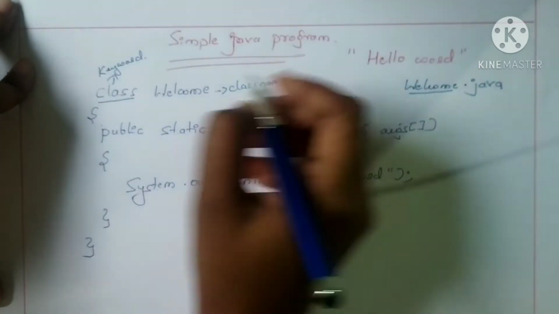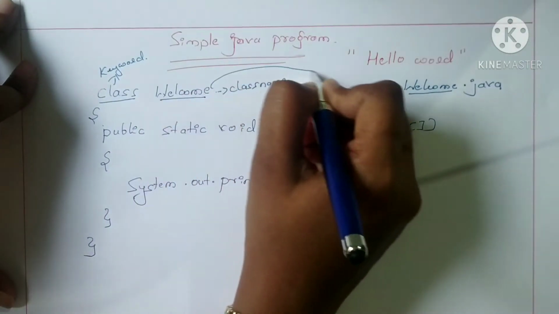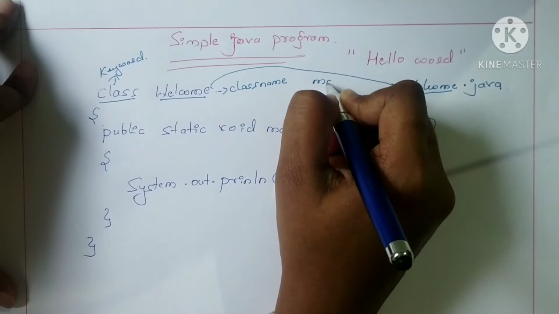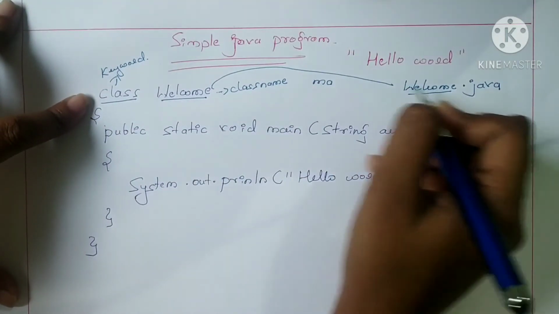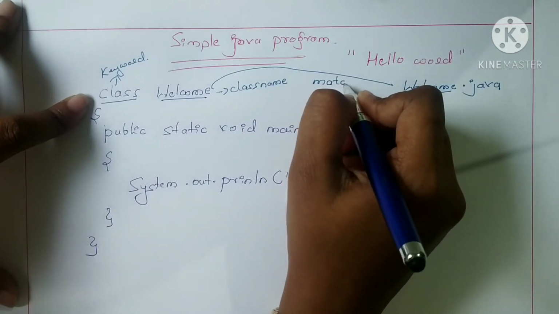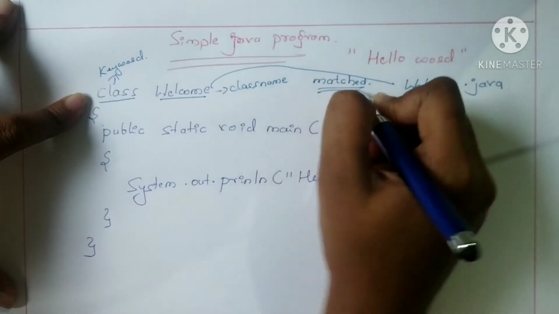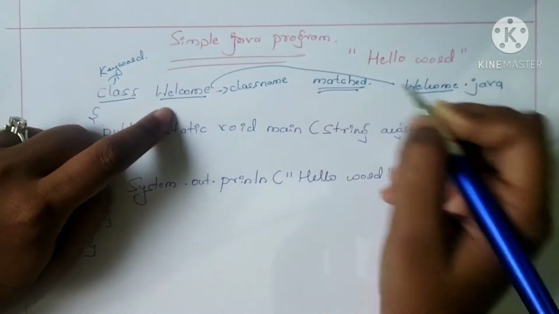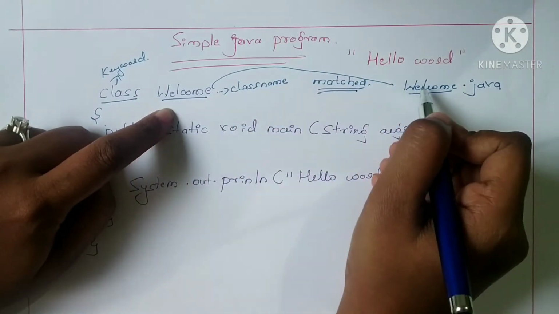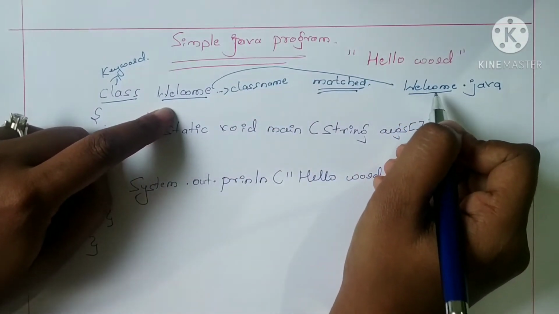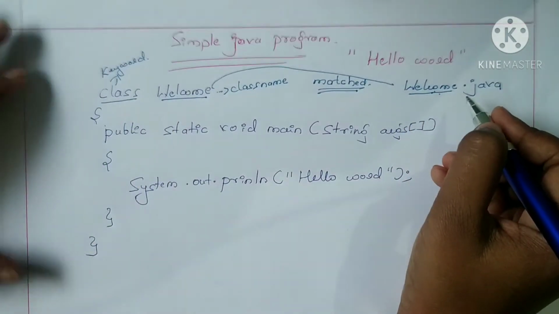The file name and the class name both are going to be the same, or class name and file name both are matched. Whichever you use as the class name, that is the file name in every Java program.